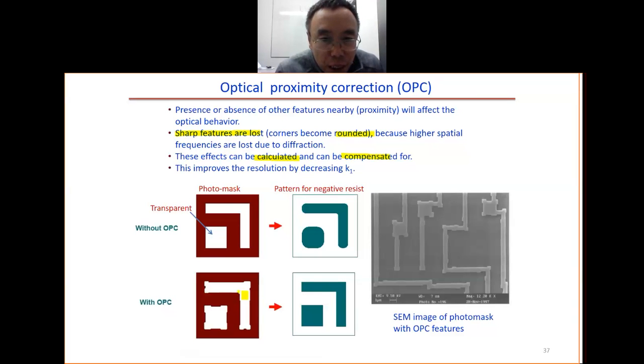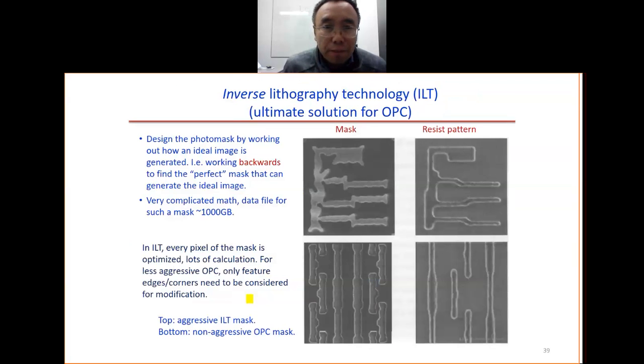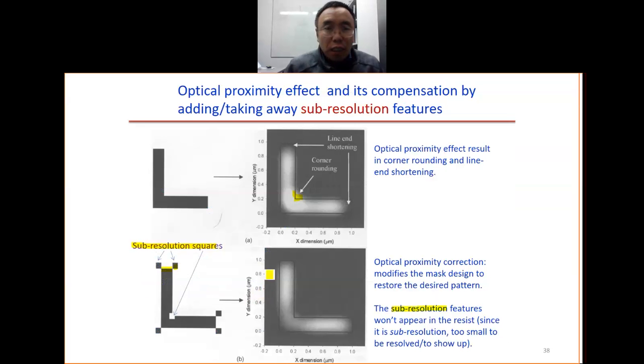The mistake is here. This part has too much exposure, so it should be recessed. This part should be taken away, rather than adding something. So this is the basis of the rule.